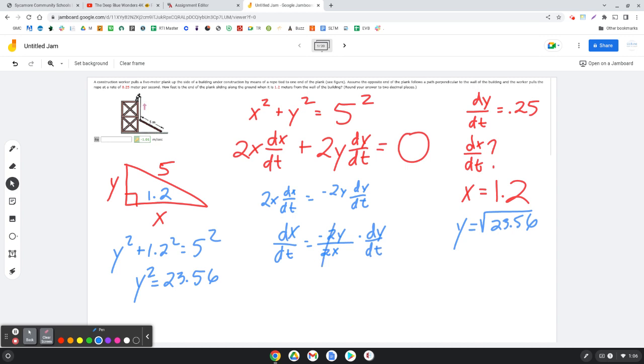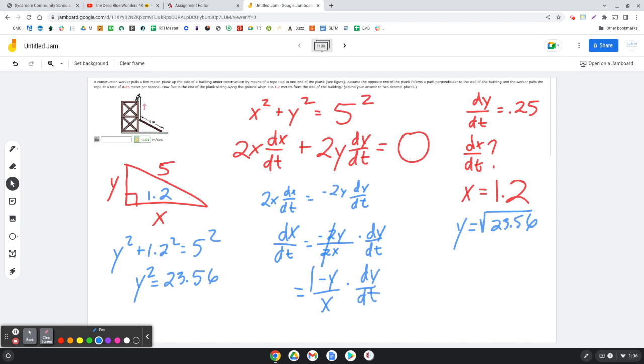So it's negative y over x. I just canceled the 2's. Would it not be 2y dy/dt over 2x? Because you're dividing that whole side by 2x. That's the same thing that I wrote down. You're just not as good at fractions as me. So it's negative y over x times dy/dt.